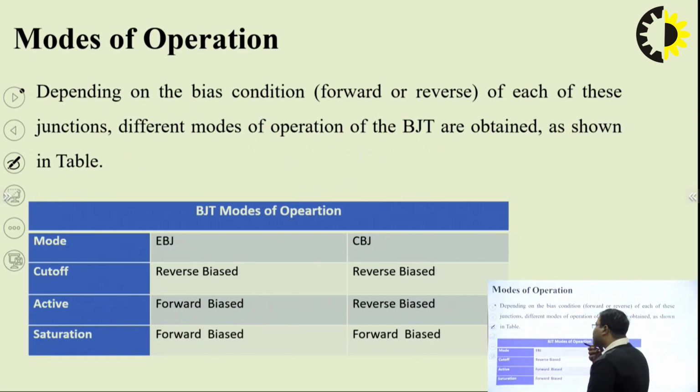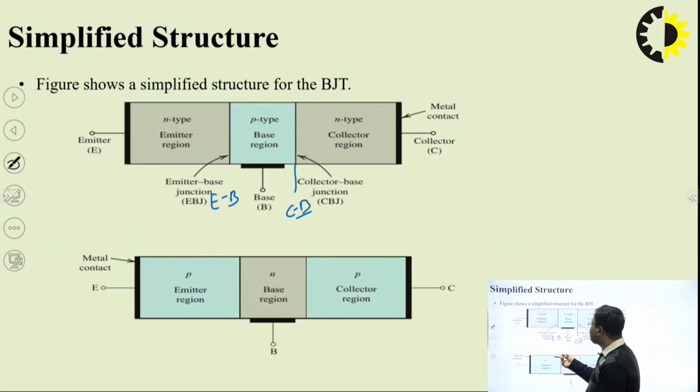There are three modes of operation in BJT. In the first mode, that is known as cutoff mode, the emitter base junction and collector base junction are both reverse biased. In saturation mode of operation, the emitter base junction and collector base junction are both in forward bias condition.